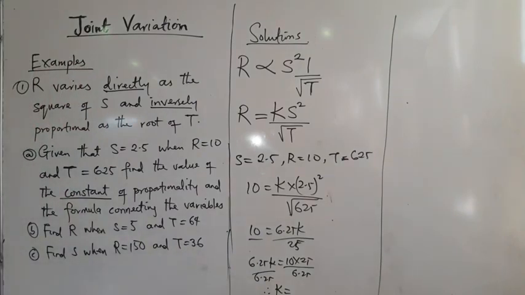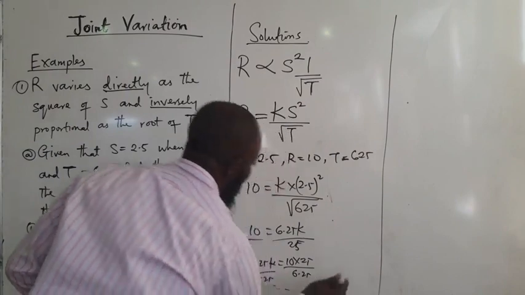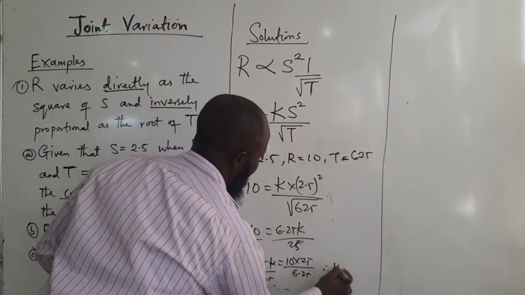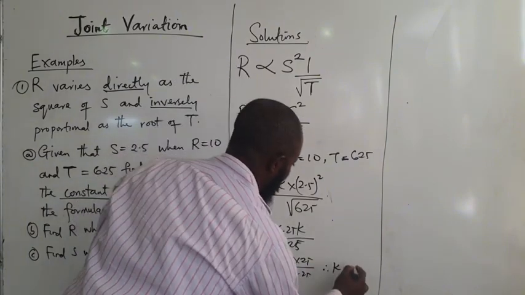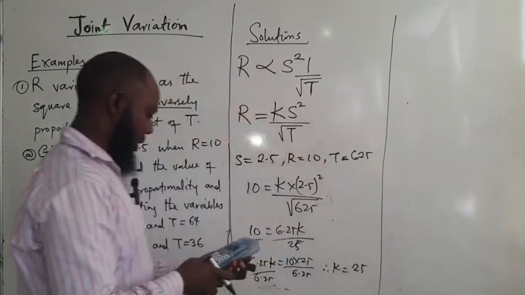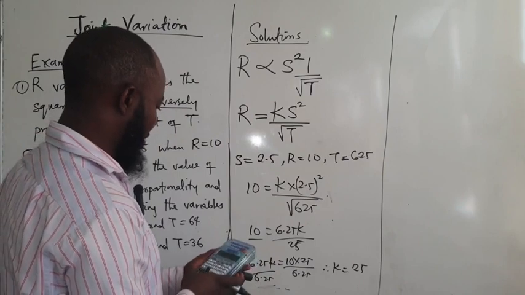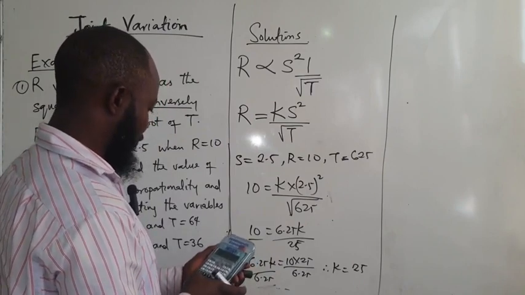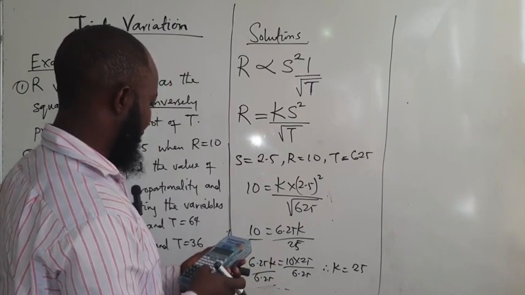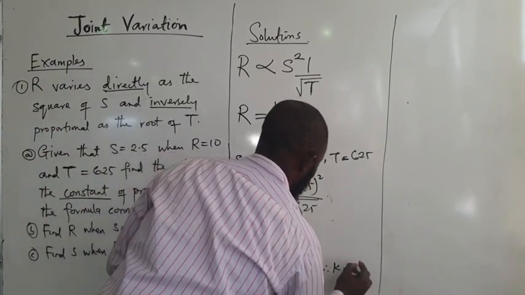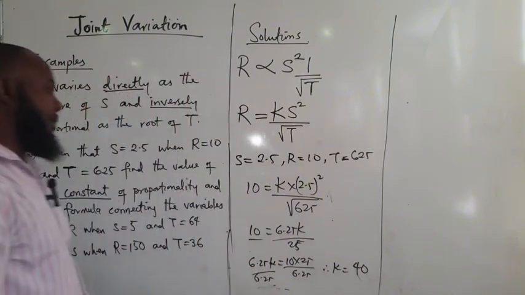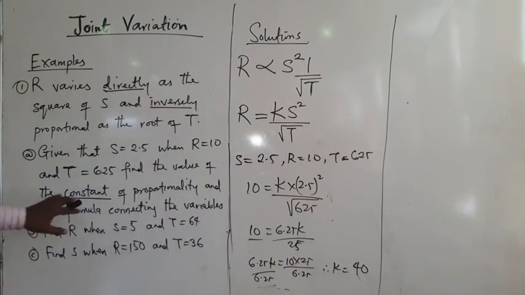Is that clear? 250 divided by 6.25 is 40. So K is equal to 40. We find the value of our constant.